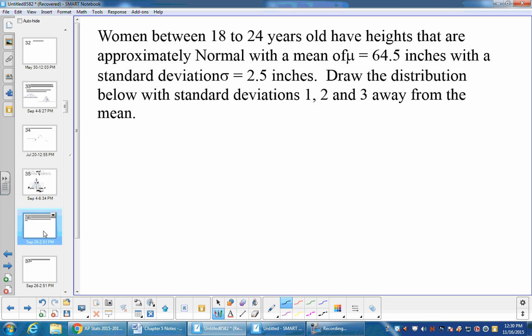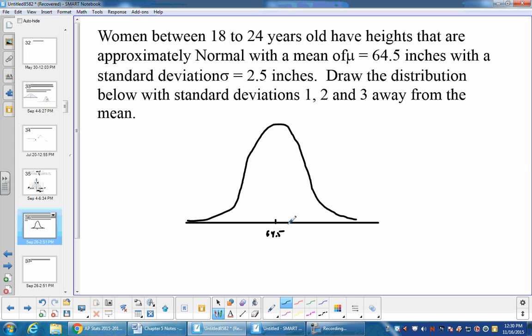Women between the ages of 18 and 24 years old have heights that are approximately normal with a mean of 64.5 and a standard deviation of 2.5. First, let's draw this out. So I'm going to start with my line, and I'm going to draw my normal density curve above it. And now, if I know the mean is 64.5, I'm going to go 1, 2, and 3 standard deviations. And so that's going to be 67, 69.5, and 72.